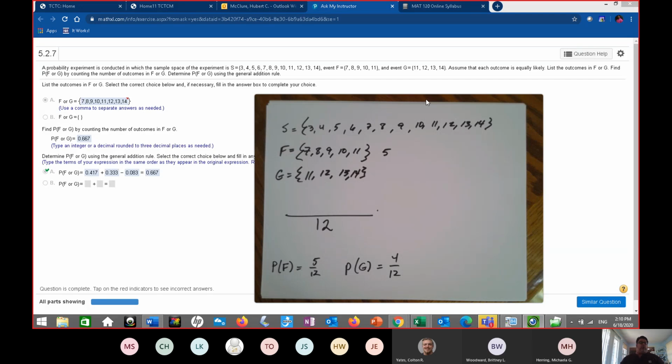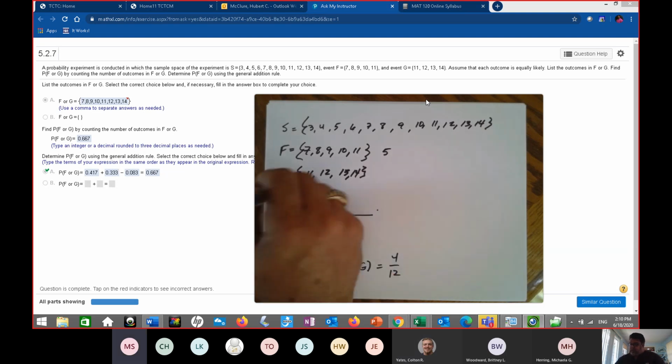Now it says F or G. Well, for F or G you would add the two together, because or is the magic word, and always subtract the overlap.